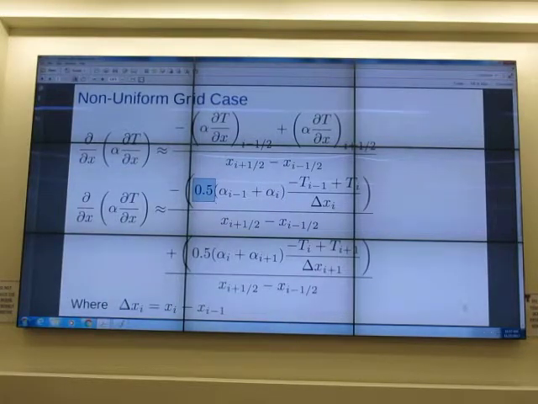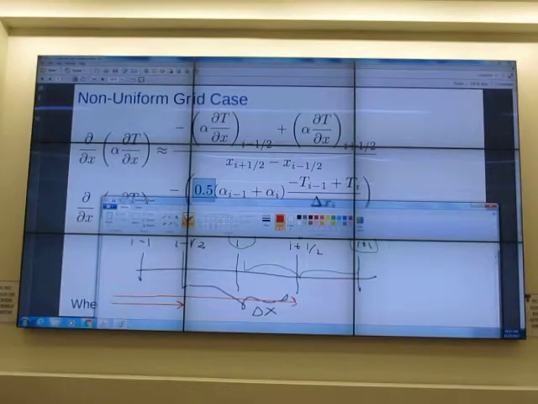Because the mean... If you have non-uniform grid, this line may be over here, right? So it won't be in the middle. If it's not in the middle, you cannot use 0.5, right? So you have to do linear interpolation if you assume that alpha changes linearly.